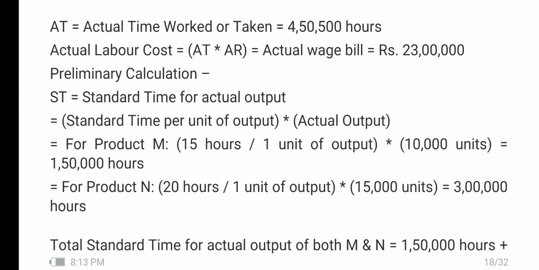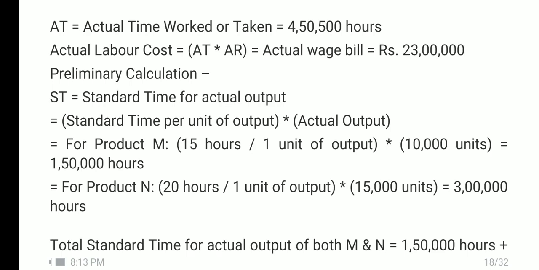AT, actual time worked or taken, 4,50,500 hours. Now actual labor cost, usually we will obtain by multiplying actual time taken with actual wage rate. It is readily given. Actual wage bill is nothing but actual labor cost, which is rupees 23 lakh. Now the missing figures we have to compute.